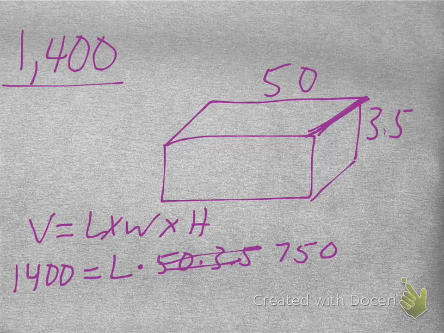Oh no, that's 175, I'm sorry. Alright. So now we know W times 175 is 1,400. 1,400 is equal to W times 175.